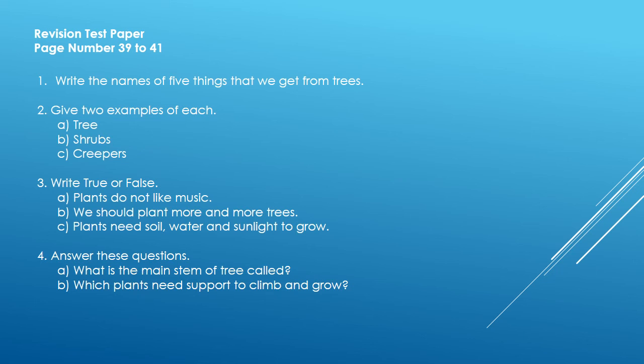A. Plants do not like music. B. We should plant more and more trees. C. Plants need soil, water and sunlight to grow. Fourth, answer these questions. A. What is the main stem of tree called? B. Which plants need support to climb and grow?